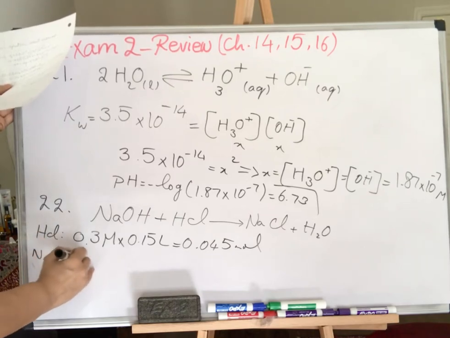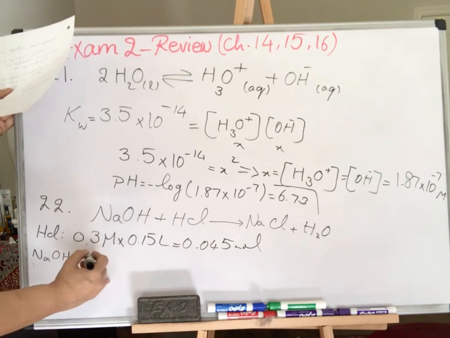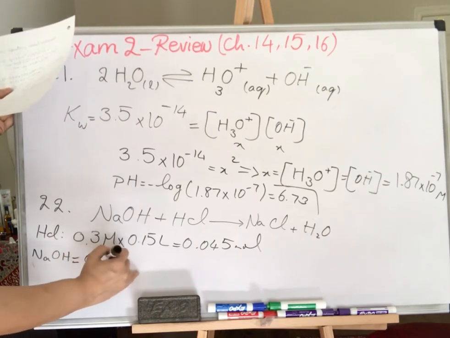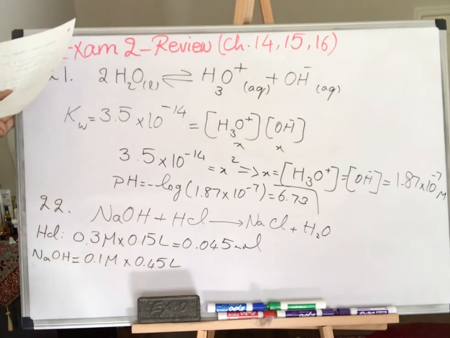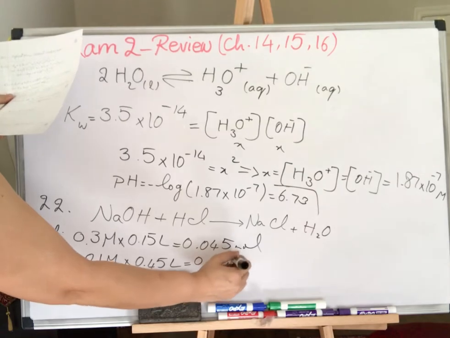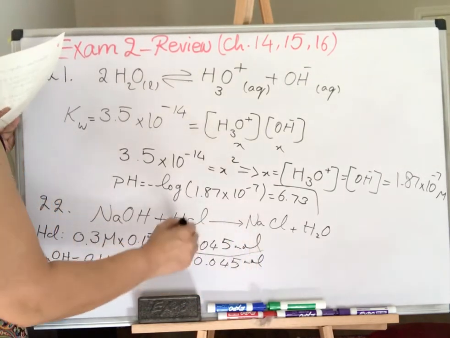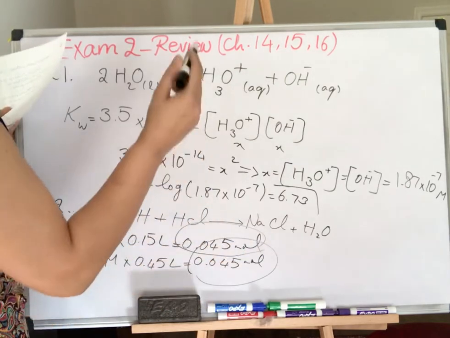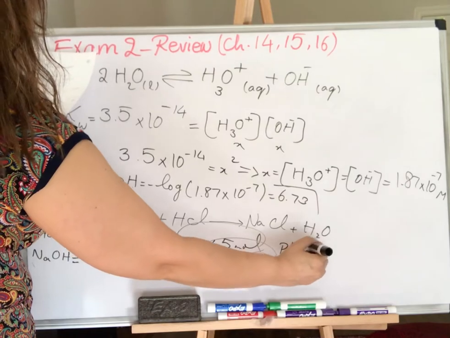For NaOH, you have 0.1 molar times 0.45 liters, so it's going to be 0.045 moles again. Because you have an equal number of moles, that means you are at pH 7.